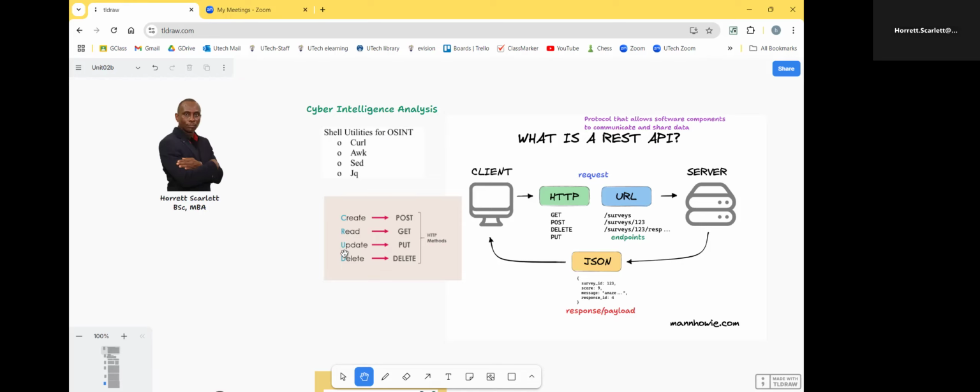So I want to change something, for example, change the score from 9 to 12. That would be an update command, and we issue that by using the put keyword. And we can also delete, meaning we are deleting data. And that's the delete HTTP command.